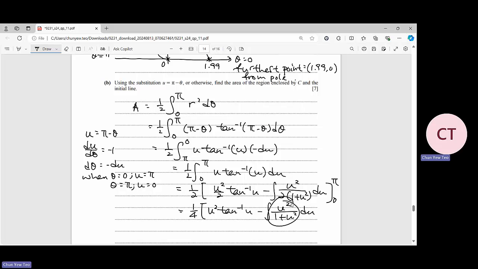So this is an improper fraction. Improper fraction, we make it proper first.